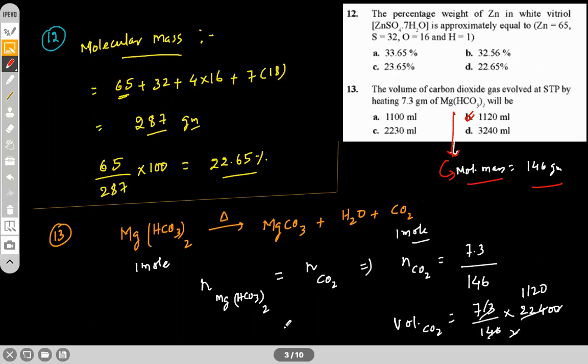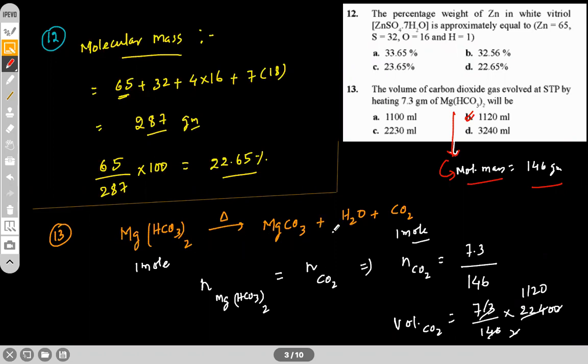So the percentage mass or composition of any element present in any compound, we can find out by this method. Total mass you find out, and what is the contribution of that particular element in that total mass. Out of 100, that would be the percentage composition. For this kind of reaction, you should know what happens when you heat these kinds of compounds.